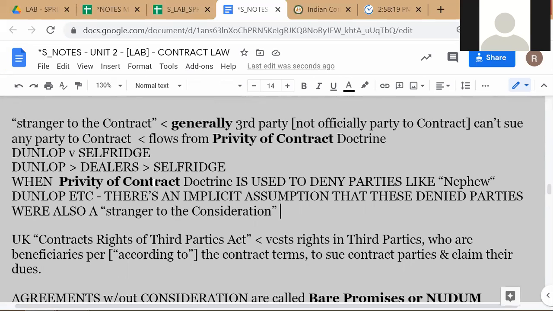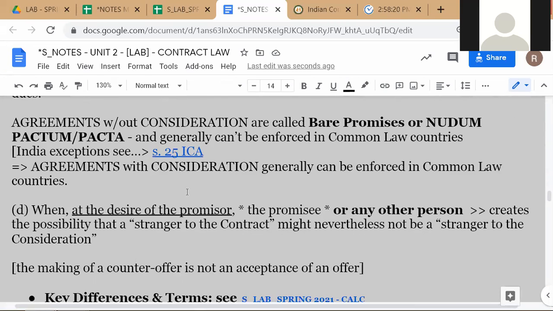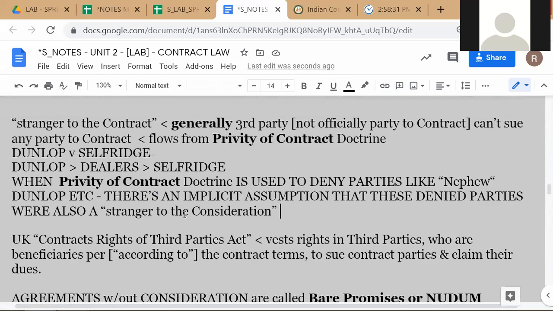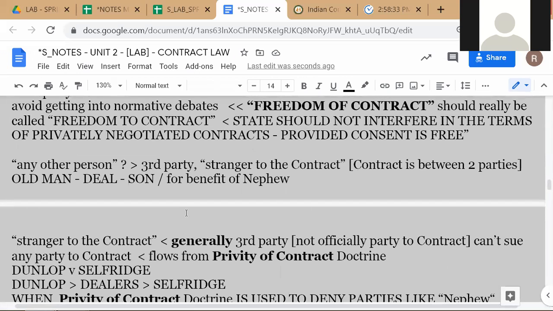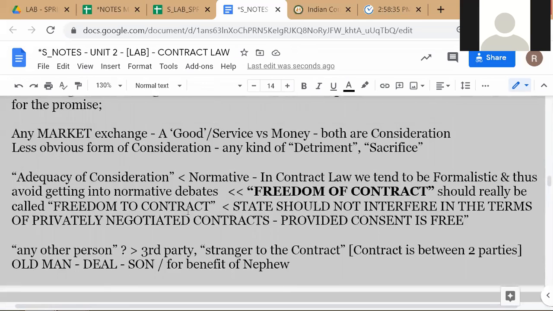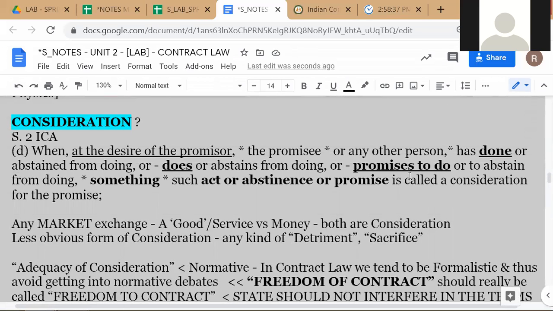from you. But the peculiar language of Section 2(d) of the Indian Contract Act creates a possibility that you may actually be a third party, but you may be providing the consideration for the promise. If you see the full language, it is "consideration for the promise." For which promise?